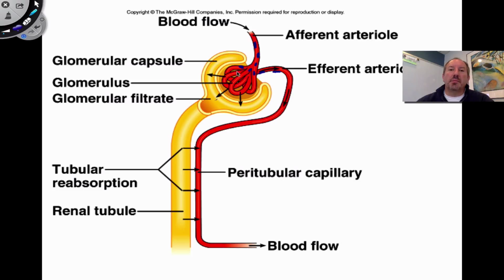Large plasma proteins, such as fibrinogen, antibodies, albumins, these kinds of plasma proteins simply come in and exit via the efferent arteriole. And then the efferent arteriole becomes, in this simplified drawing, a capillary.